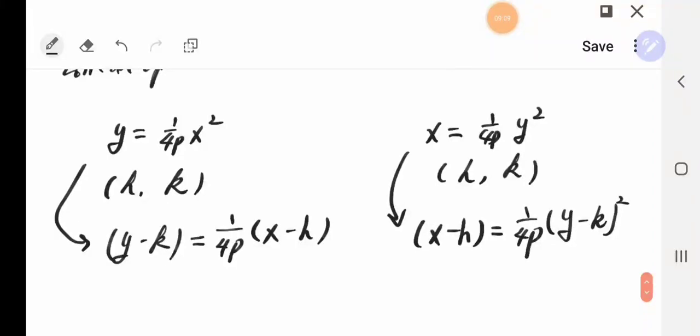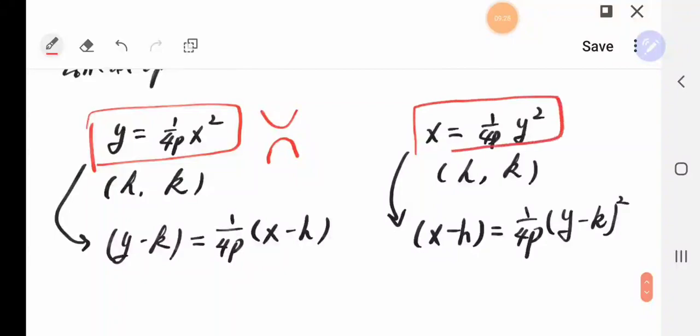So the first equation is for shifting the graph that looks like upward or downward. So this graph will be shifted horizontally and vertically. For the second equation, the graph opens left or right. So shift this graph horizontally and vertically.